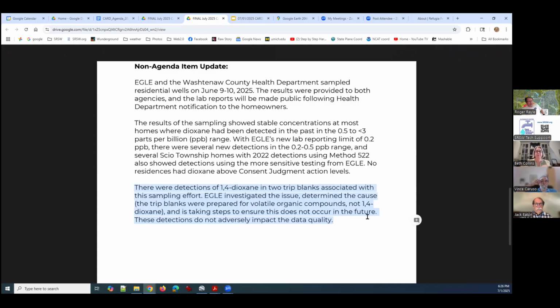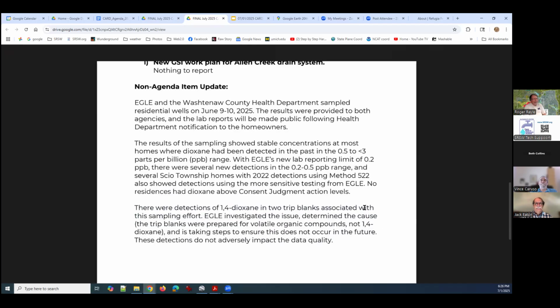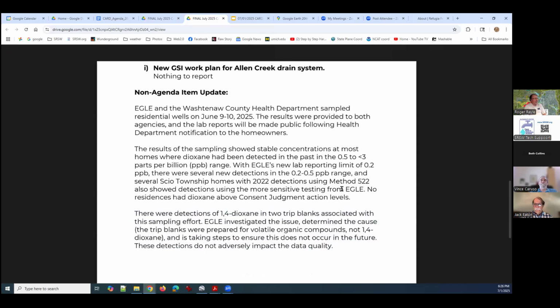Not sure why, but they said the blanks were prepared for volatile organic compounds, not specifically for 1,4-dioxane. So you get a false positive, something that's not supposed to have any dioxane in it. That's a little troubling. Anyway, so that's basically his update.